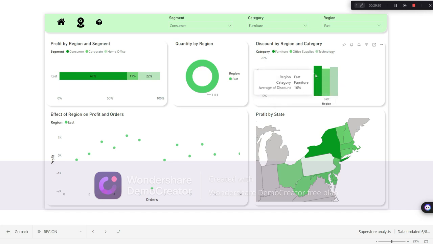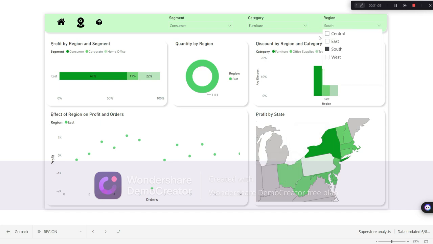Nearly 60% average discount goes to furniture, 14% average discount goes to office supplies, 15% average discount goes to technology. As we see the effect of order quantity, the order quantities of 2, 4, 8, 10, 12, and 14 made the profit. But as we look at the state, Pennsylvania is the highest loss we have, and most of our profit is from New York.